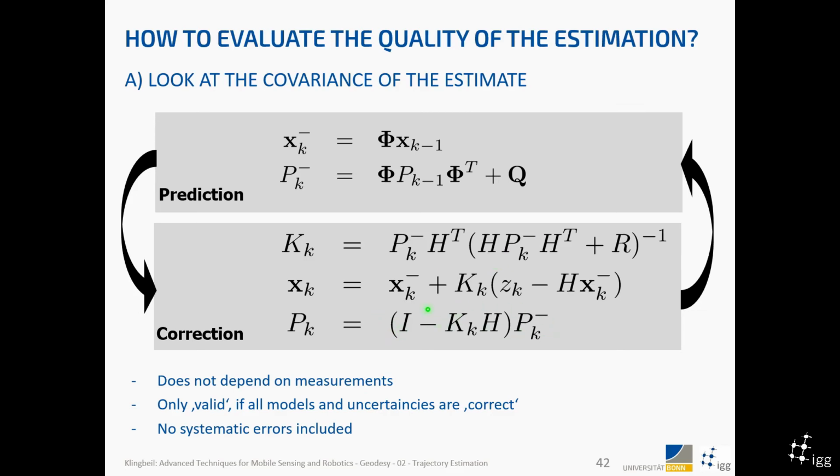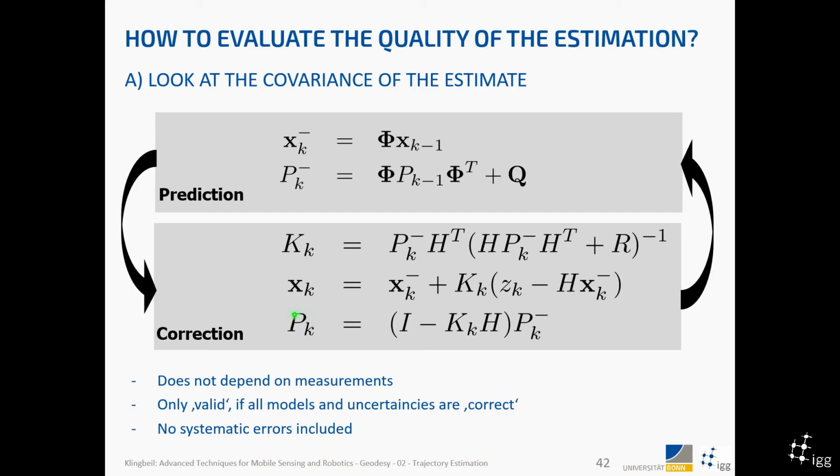You can see clearly here that the covariance does not depend on the measurements. So if all measurements are completely wrong, because the sensor is broken, then all your estimates, all your xk's, will be completely wrong as well, and your covariance will still look very nice, right? So don't just look at the covariance. This is what I want to say.